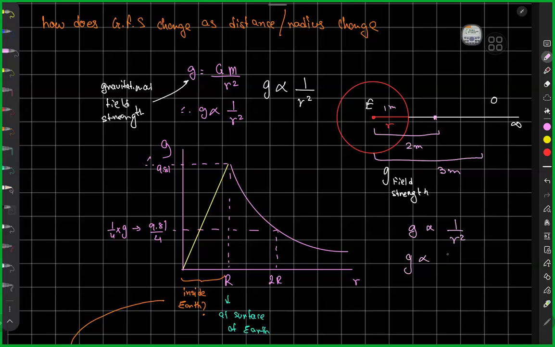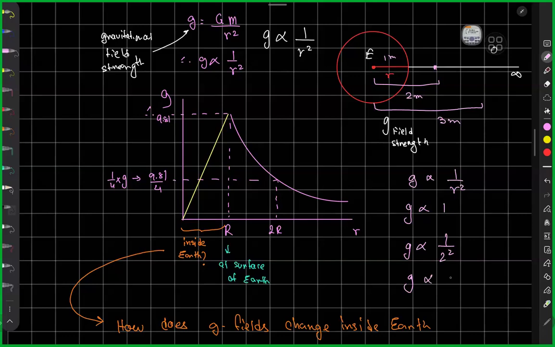So g is proportional to 1/1², which is over here on the Earth's surface. So this is 1. Now let's increase R by 1 meter, convert it to 2 meters. So g is now 1/2², so g is 1/4. Now let's increase to 3. What happens? g is now proportional to 1/9.